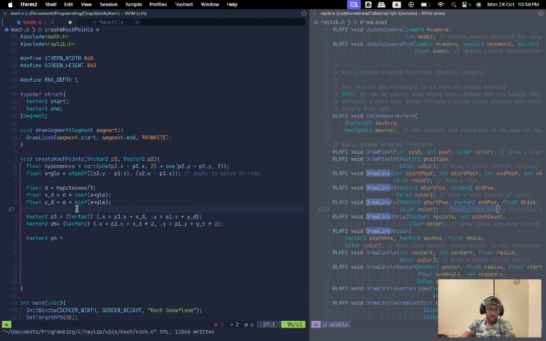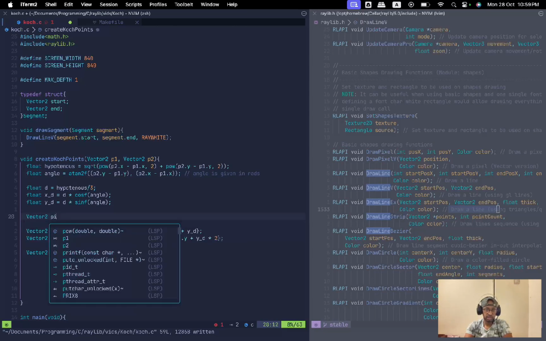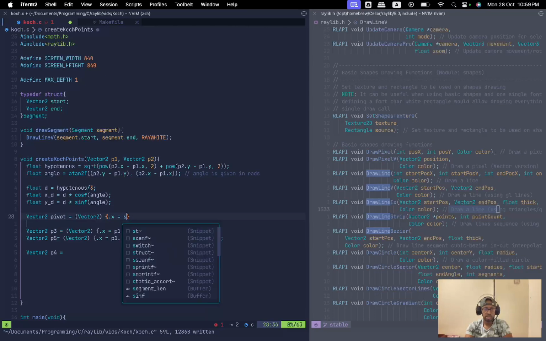To do that, let's call our pivot our D, which is already defined by XD and YD. So you can create a vector and call it pivot. It will be a vector2, and its x value is XD and its y value is YD.